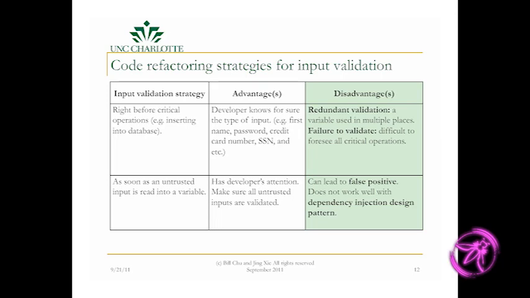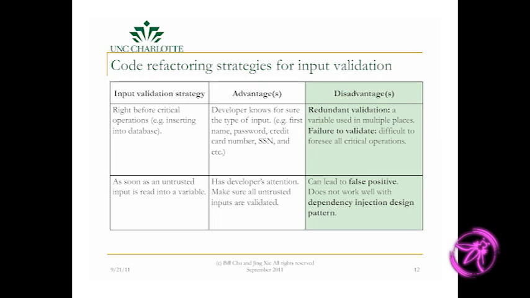For example, you get one input and it goes into two different database tables and then you get two different warnings, as I'm sure many of you have seen in warnings generated by something like Fortify. And also you may fail to validate because it may be difficult to foresee all the critical operations. Today this set of operations is critical and tomorrow maybe something else is, and then this strategy is not going to be able to catch that. The alternative strategy is you validate something as soon as it comes in.